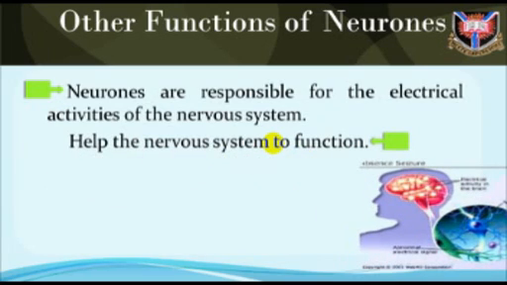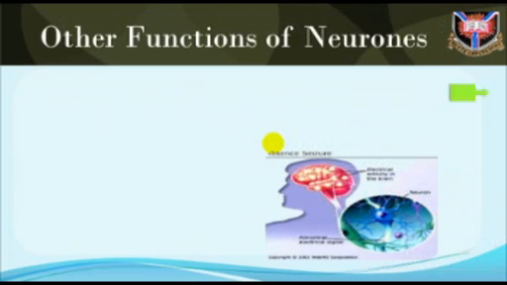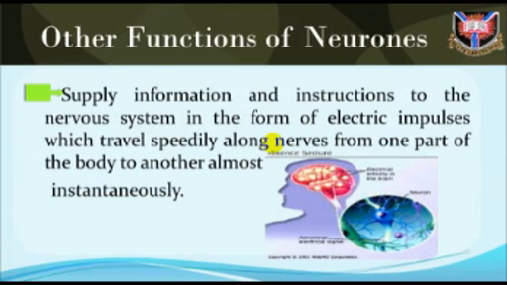In order to function, the nervous system relies on nerve impulses or action potentials, which are similar to tiny electrical charges maintained throughout the length of the neuron. The nervous system carries out its functions effectively and rapidly because information and instructions travel speedily as electric impulses along nerves from one part of the body to another almost instantaneously.